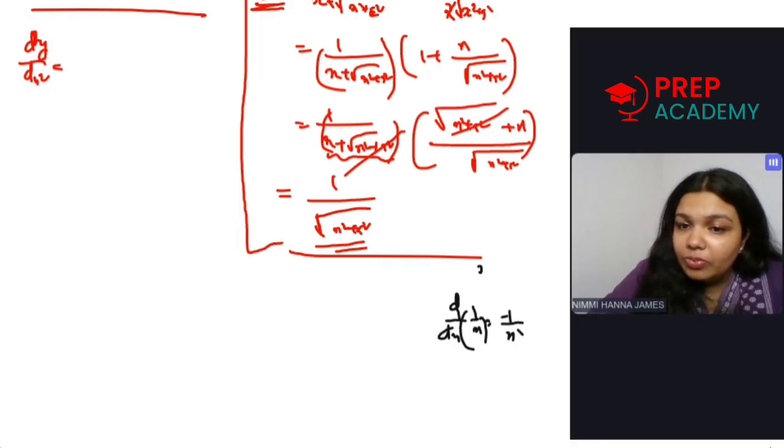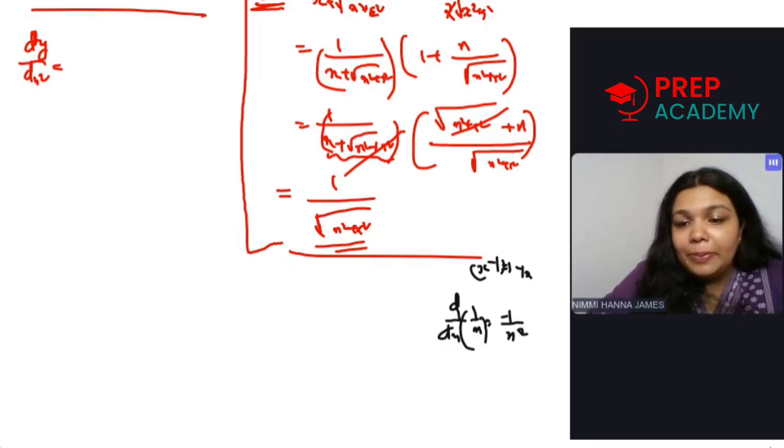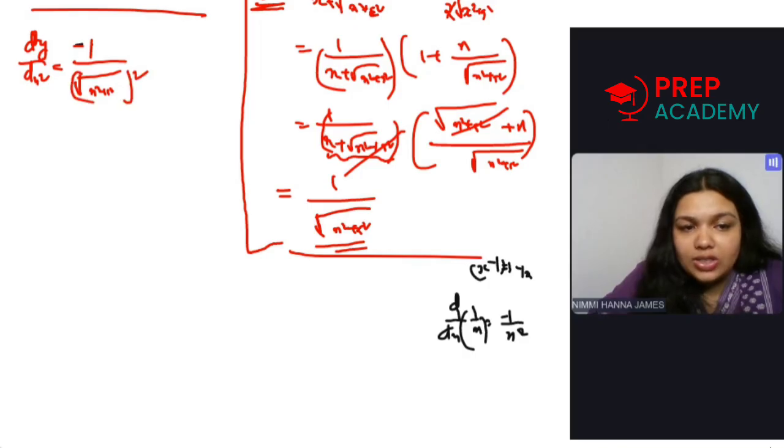We got that because 1 by x is x raised to minus 1, so the differential is minus 1 x raised to minus 1 minus 1, that is minus 2. That is minus 1 by x square. So here in the place of x we have the root. So it is minus 1 by root of x square plus a square, whole square.